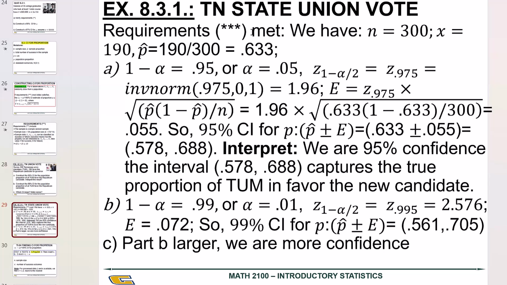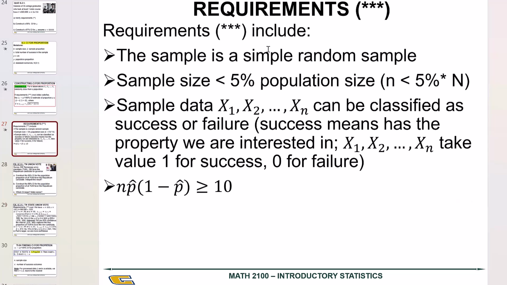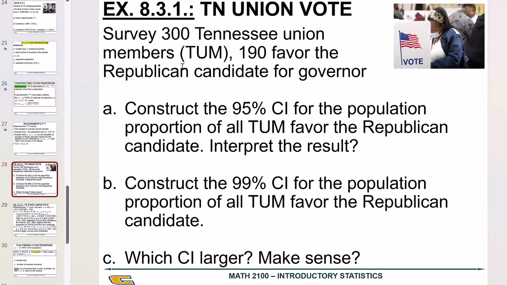First, we need to check requirement 3 star. It requires a simple random sample, which is satisfied, and is often a typical standard. Now, the sample size should be less than 5% of the population size. So 300 should be less than 5% of the TUM.